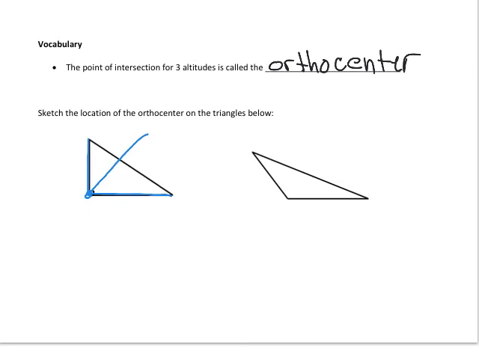Now for an obtuse triangle, if I go from a vertex perpendicular to the opposite side, I'll extend it this way. I need to extend my sides to do this, because my orthocenter is going to intersect outside of the triangle. So we'll do some more of that in class. Remember, we have circumcenter and incenter that we've learned previously. The centroid is the intersection of the medians, and the orthocenter is the intersection of the altitudes.